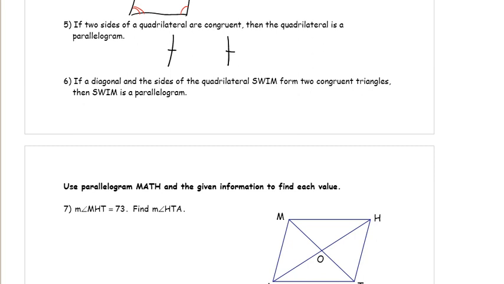Well, maybe, but what if we had something like this? It's kind of a trapezoid. If we looked at it like this, these two sides could be congruent to each other.